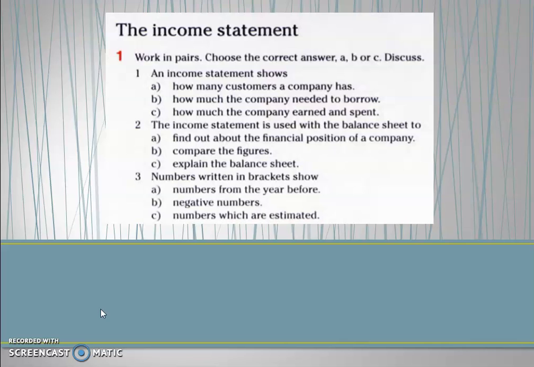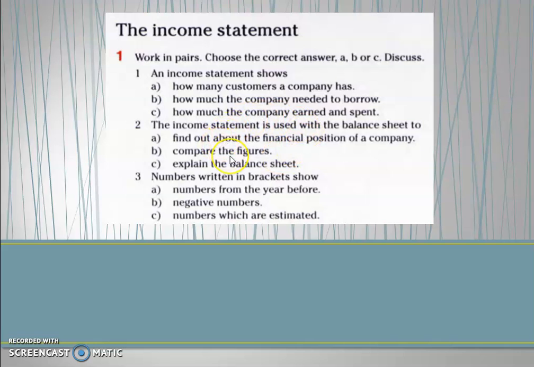Be sure to prepare your books, and you should have your book with you so that we can learn together. As I've explained to you, the income statement shows how much the company earned and spent.